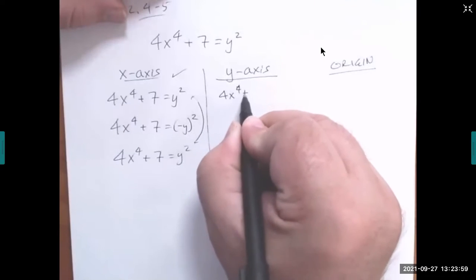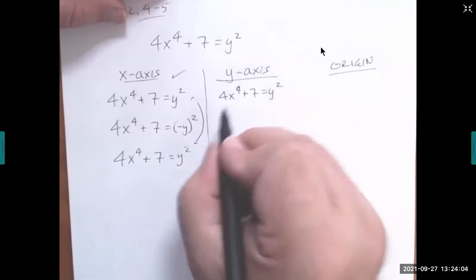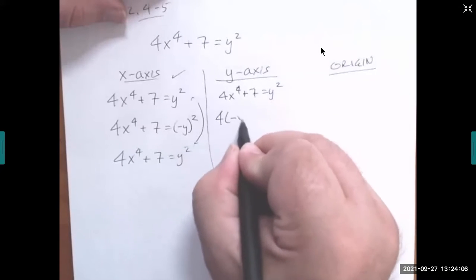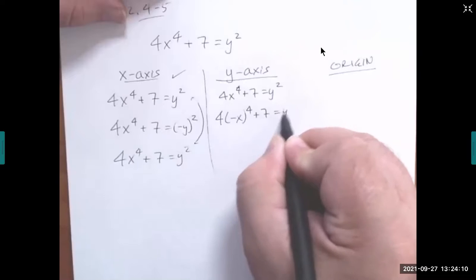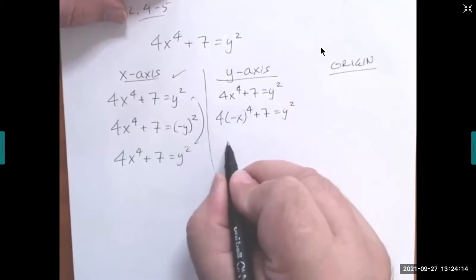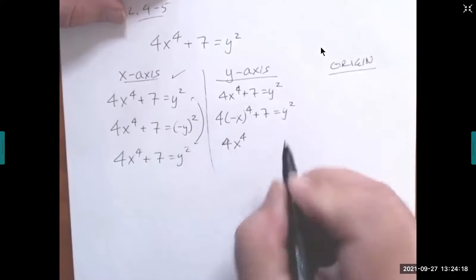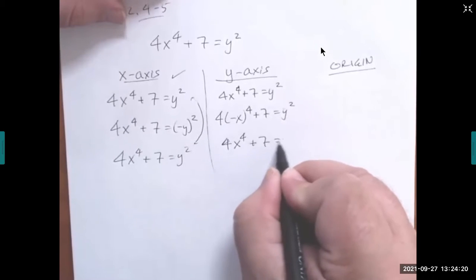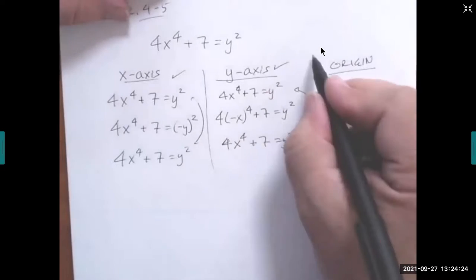4x to the fourth plus 7 equals y squared. For the y-axis, we change x. So y squared. Negative x to the fourth is the same as x to the fourth, plus 7 equals y squared. They are the same, so it's symmetric with the y-axis.